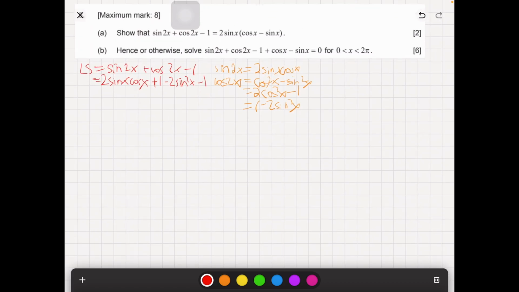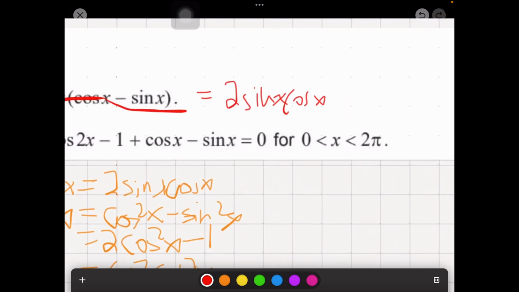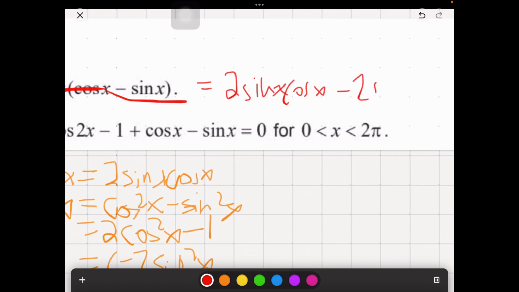And here, the reason why I decided to change the equation that I'm using is because if you look here, if you were to expand out this thing, then you would get 2 sine x cos x minus 2 sine squared of x.